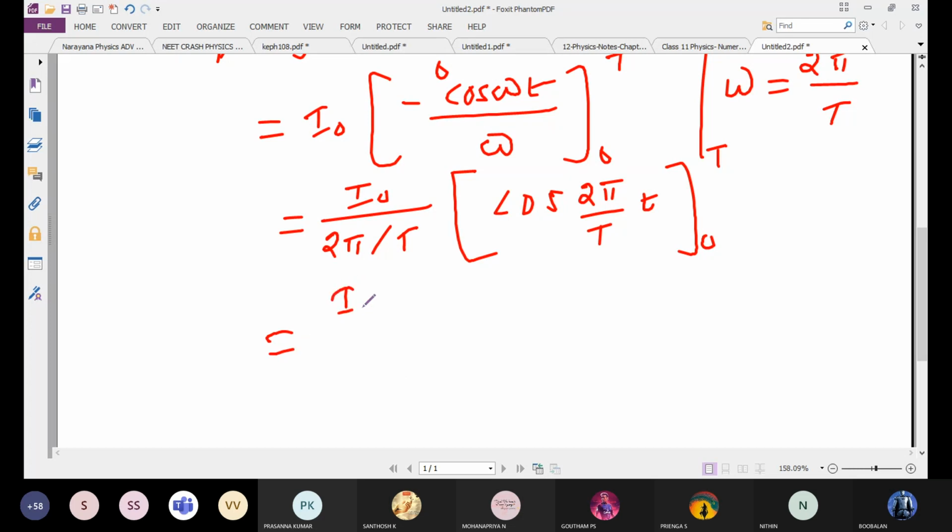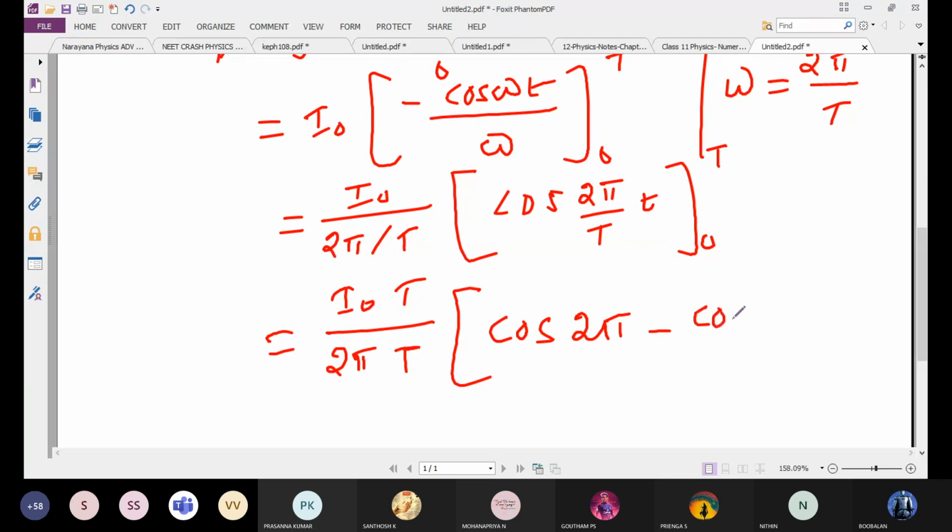So next step, I naught, T divided by 2 pi. Cos 2 pi t by T, with t equal to T, that is cos 2 pi, minus cos 0.